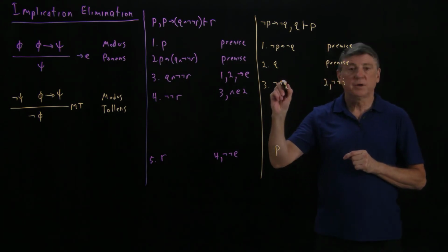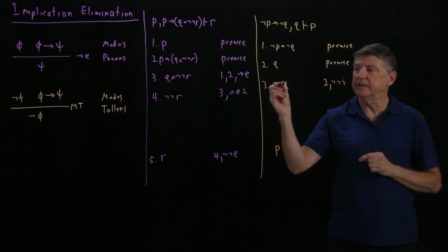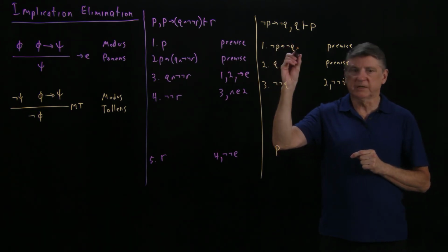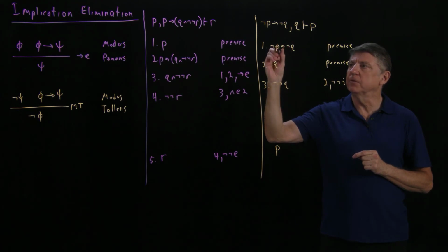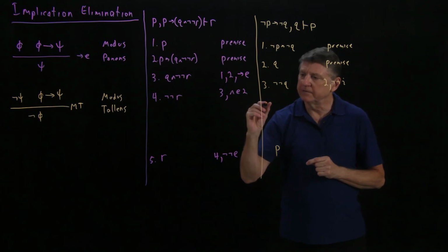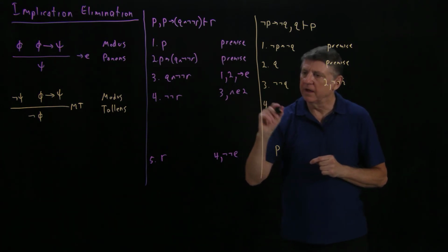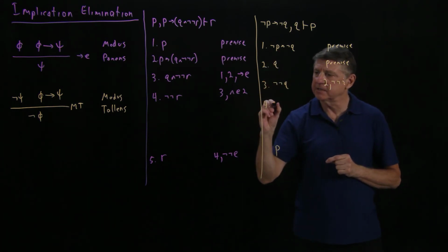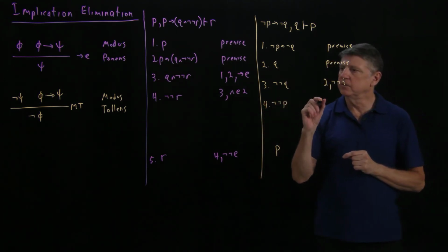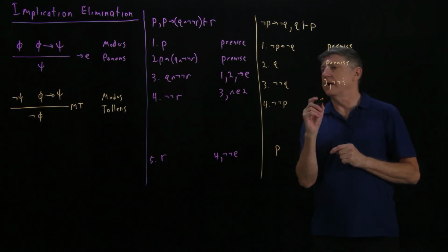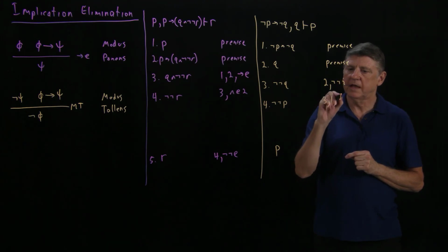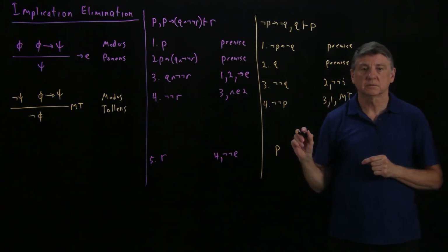Now I can apply Modus Tollens, because now I have the negation of the consequent and an implication, so I can infer the negation of the antecedent. So I can infer the negation of the antecedent, which is the negation of P. And I can do that by applying line 3 and line 1 and the rule of Modus Tollens.